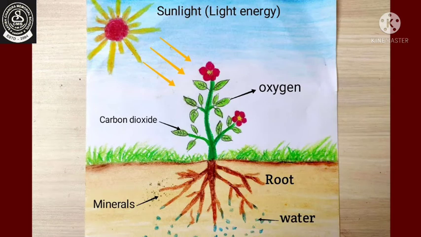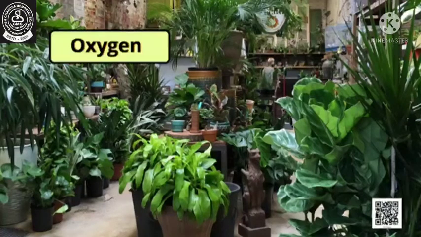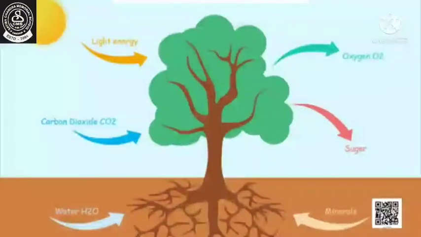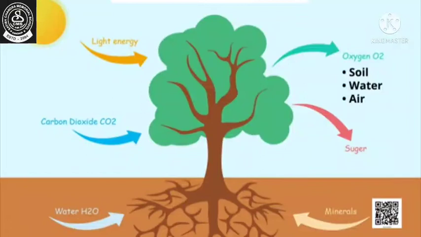Let's continue. As plants give us oxygen and in return, we release carbon dioxide, which is used by plants for the process of photosynthesis. Plants need soil, water, air, and sunlight for their survival.